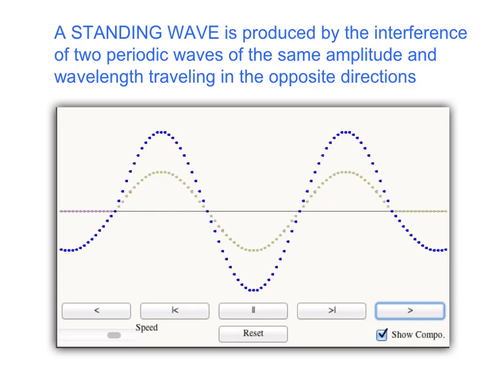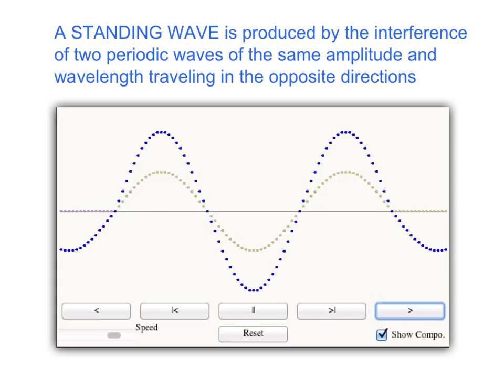Here I can see that the two crests of the waves are in the same place, and therefore the medium has a very large maximum, and that's called constructive interference. And I can see constructive interference here too, where the two troughs are lined up, forming a really big trough in the medium, so that's also constructive interference.